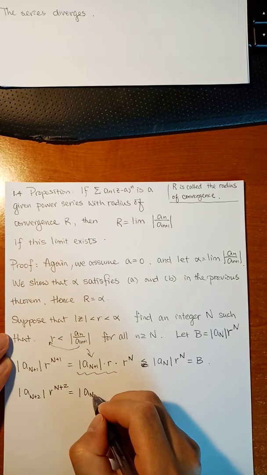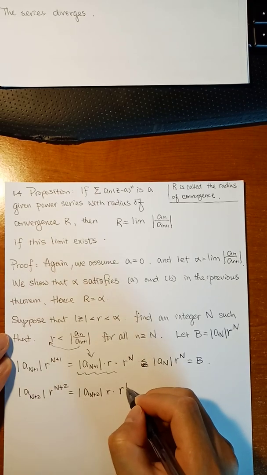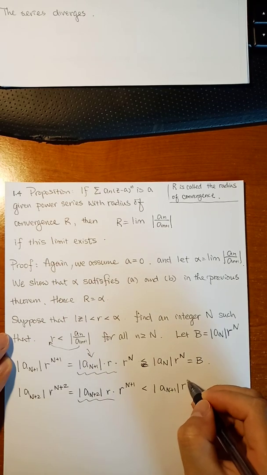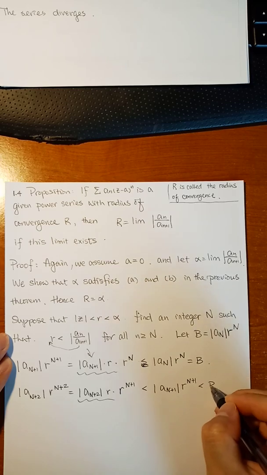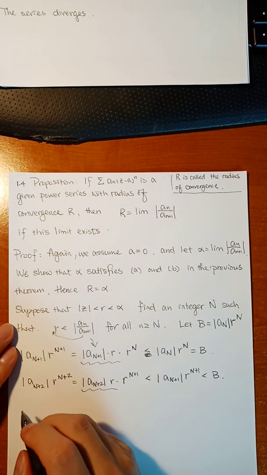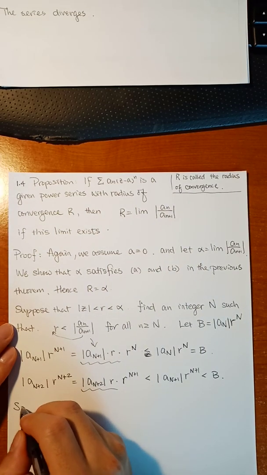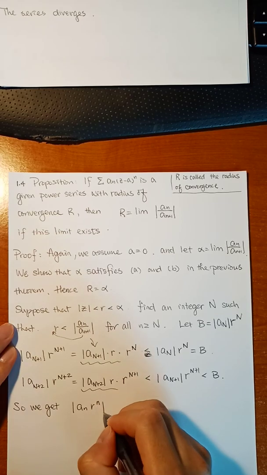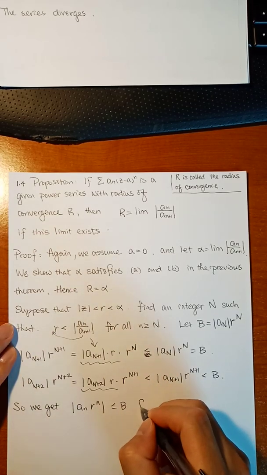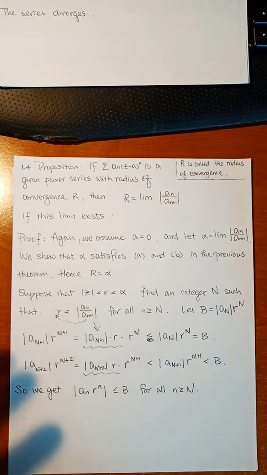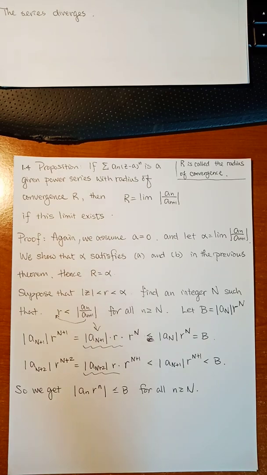Again, this one is less than a N plus 1, r N plus 1, and we just showed it is less than B. So for all n, we get the absolute value of a n r to the nth power is less than or equal to B for all n greater than or equal to capital N. We start from capital N and continue infinitely many times. All right, so this is for r.